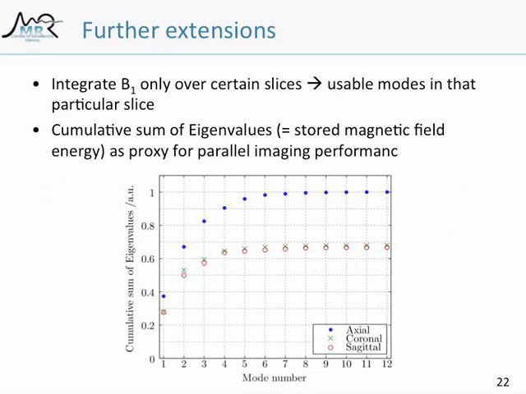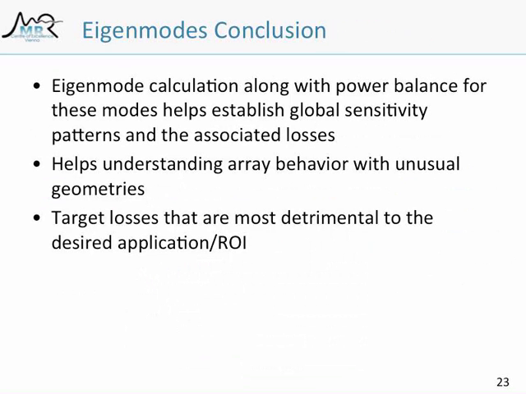So I'll skip that part because it's not so important. But we've seen that this eigenmode calculation, which was presented in 2004 or 5, I think, for receive arrays, is very helpful, and in conjunction with the whole power analysis, what you can easily see is, okay, I want sensitivity in this region.